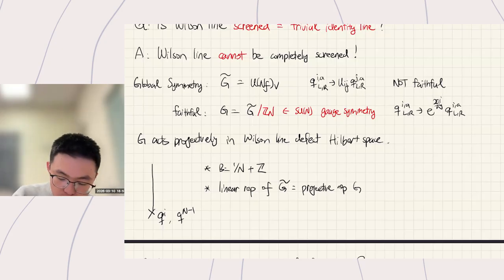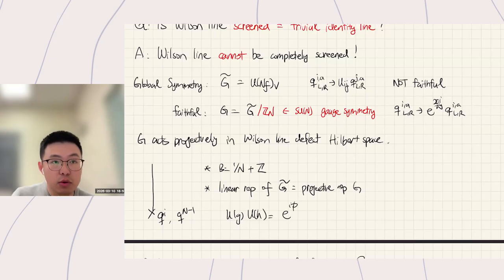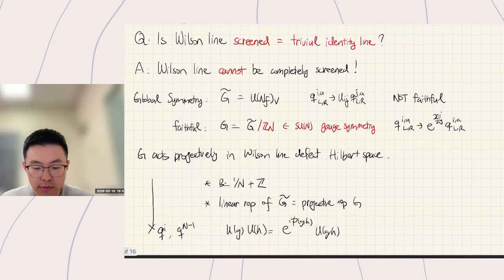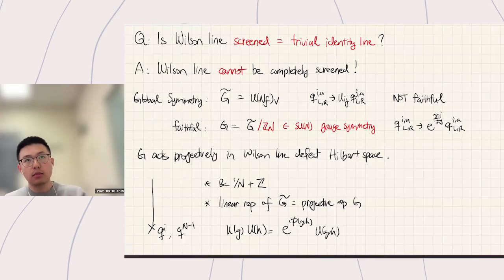When I say projective representation, I mean that if we take the product of two symmetry operators, there can be a non-trivial U(1) phase that comes out. Now let's derive the following contradiction. Suppose this Wilson line is actually screened, so that it becomes a trivial identity line.